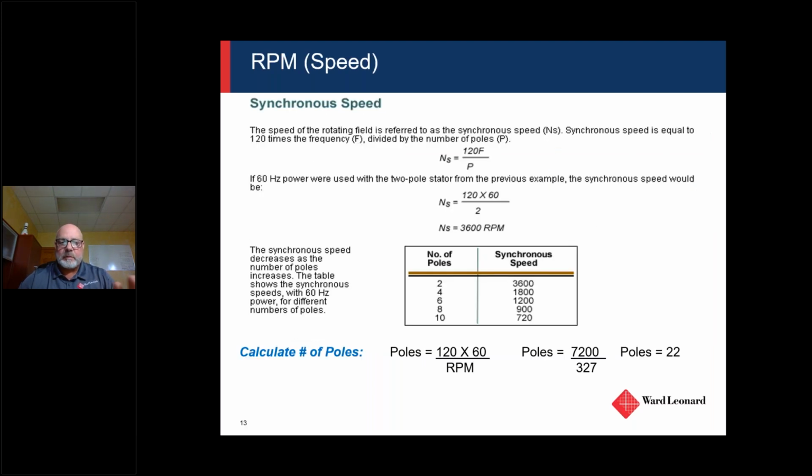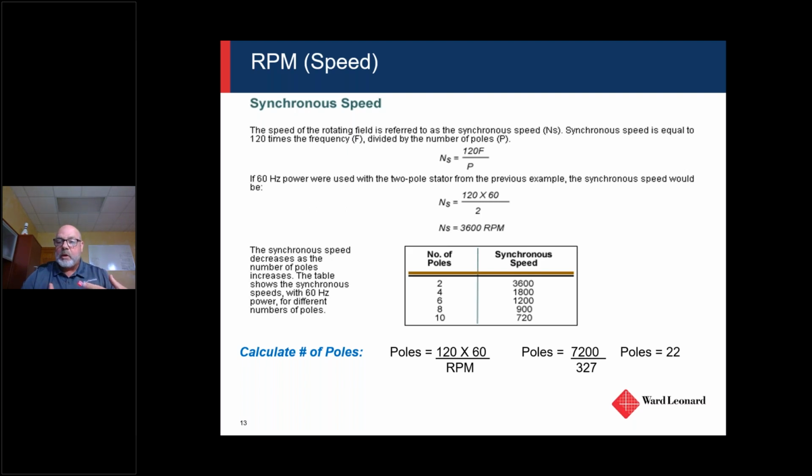And when we talk about speed and synchronous speed and poles, it depends on how long you've been around in the business and what your preference is. Some people will talk about actual RPM, which could be, as the table is showing, 3,600, 1,800, 1,200, or they talk about 2-pole, 4-pole, 6-pole motors.